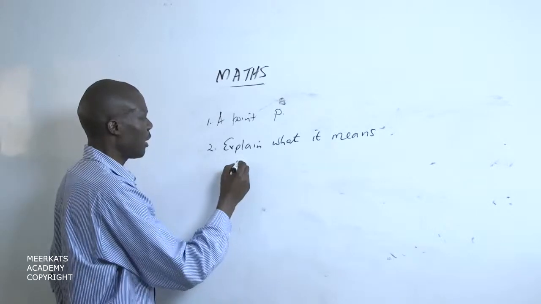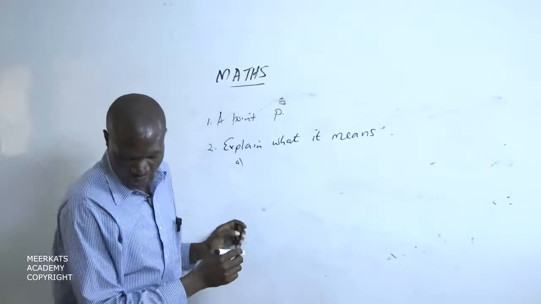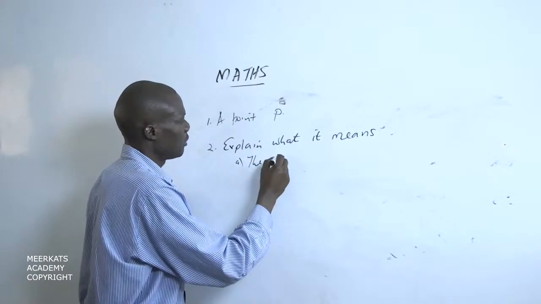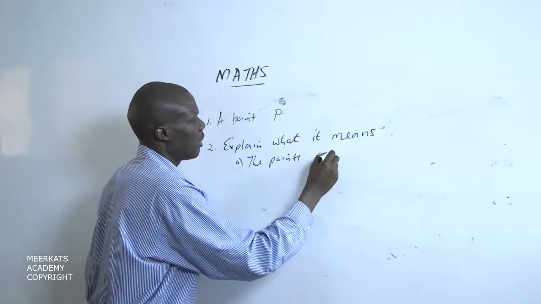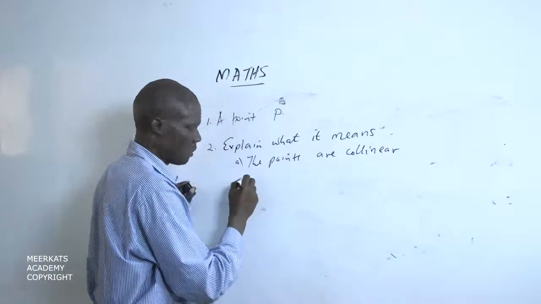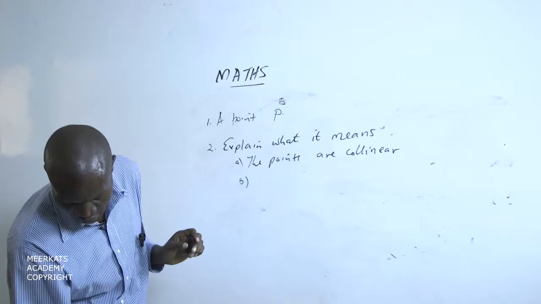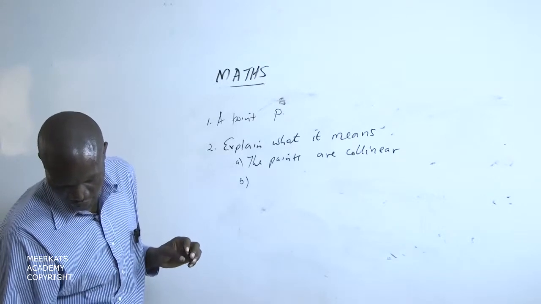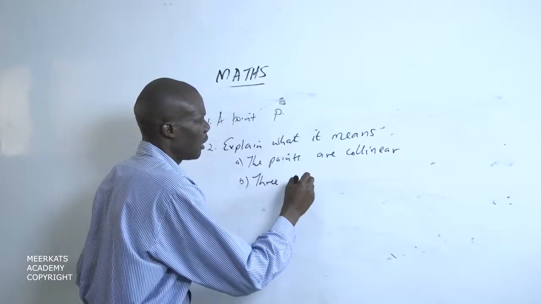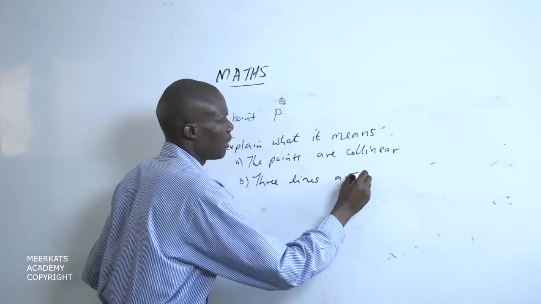A, when you say the points are collinear, and B, three lines are concurrent.